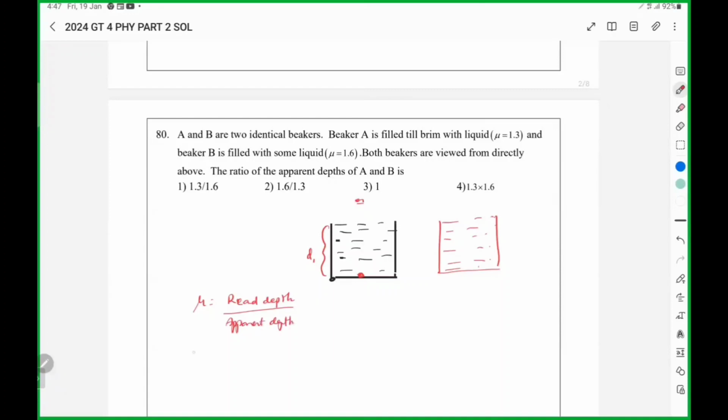So apparent depth is real depth by mu, when it is seen from the rarer medium. So this is the formula.